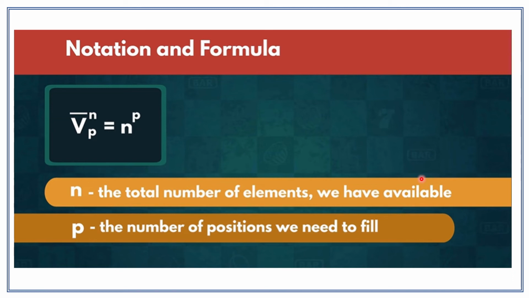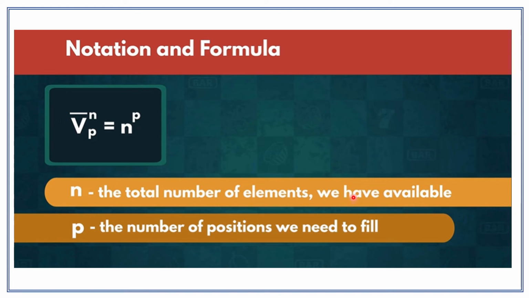So how do we convert it into a proper mathematical notation and formula? It goes like this: V-bar of p raised to the power n is equal to n raised to the power p. Here n is the total number of elements we have available.